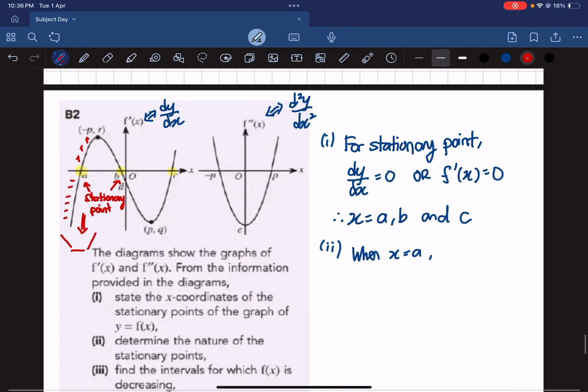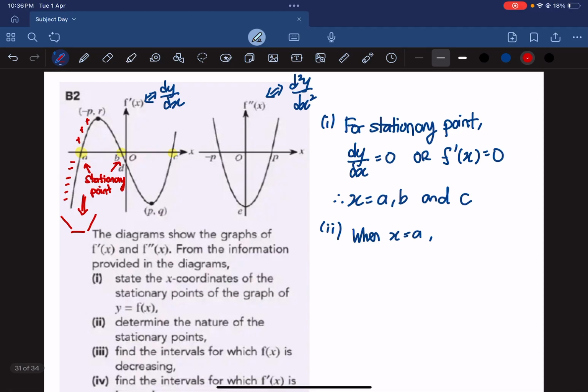Therefore, over here, we can say that when x is equal to A, the stationary point is a minimum point.